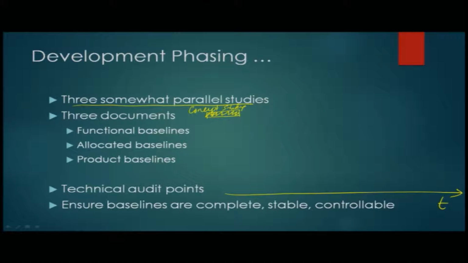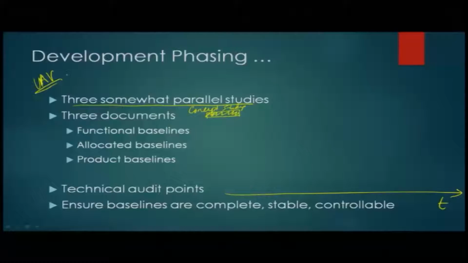Let us take an example of an unmanned aerial vehicle, UAV. Everybody decides, okay, the country needs a UAV. We should be using it for surveillance and reconnaissance. It should have an electro-optical and infrared payload. It should be able to designate targets.